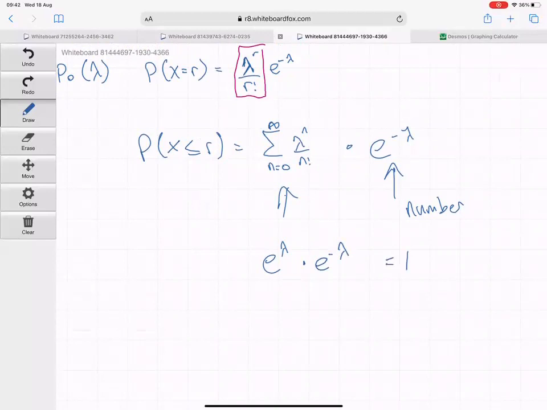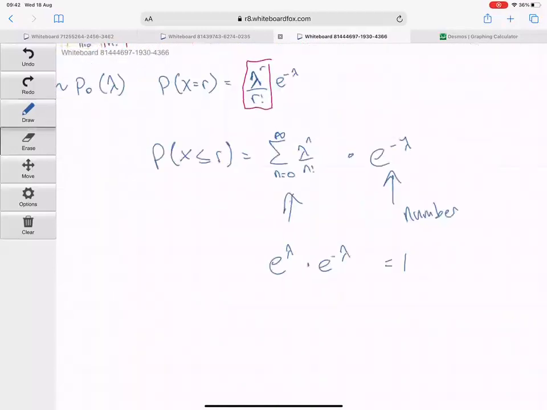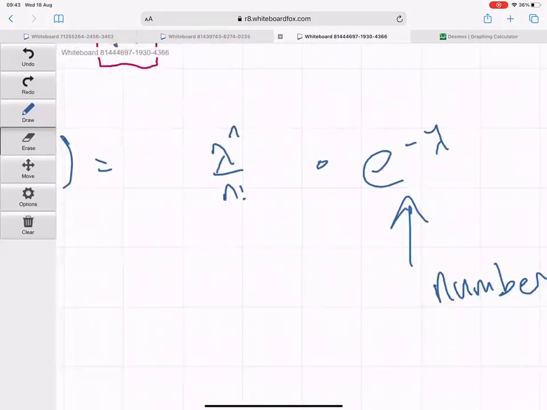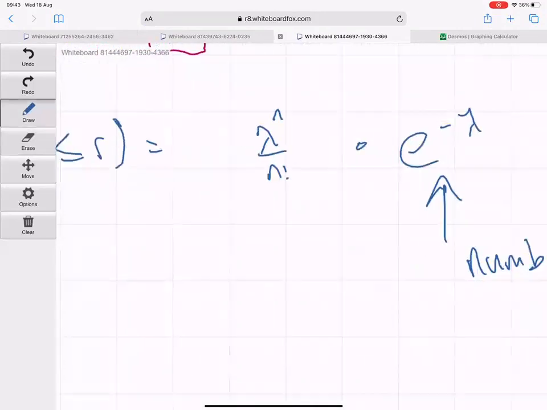And that's when I'm counting all of the terms, every single term. But if I'm not counting all of the terms, I'm just counting one specific term, then this is not e to the lambda, but it's lambda to the power n over n factorial for some particular n. Okay.